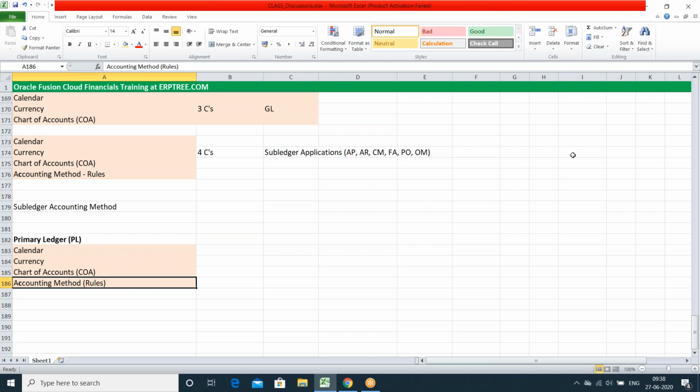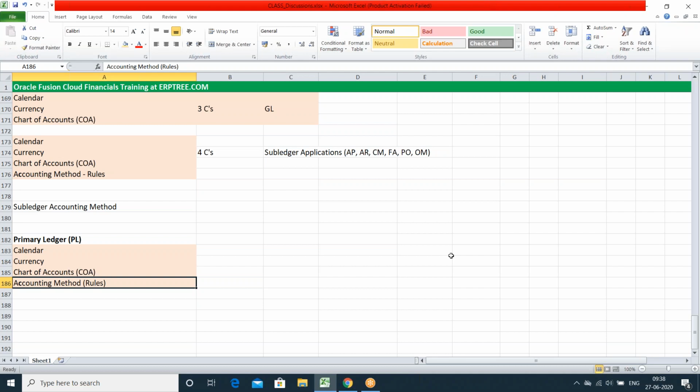For each application, you cannot have a separate accounting method. The system will use the accounting method from the primary ledger, and you can have only one. So if you record transactions in AP, AR, and CM, the system will use the same accounting method for all. You cannot have separate ones application-wise.